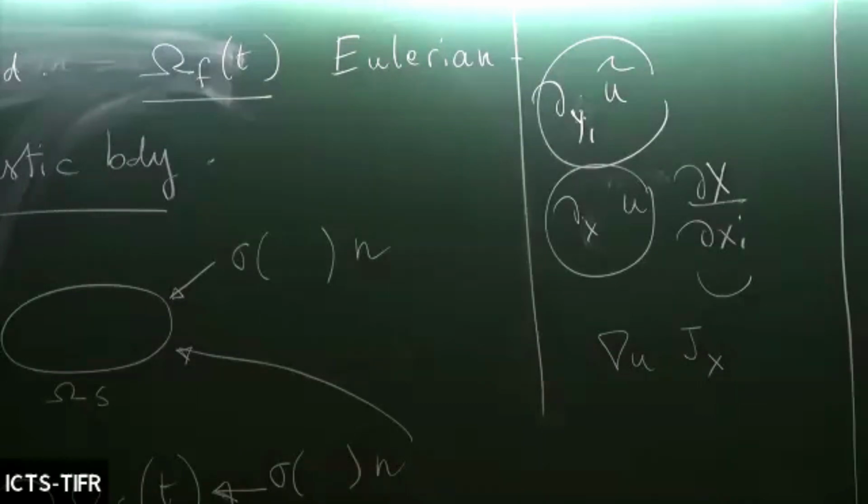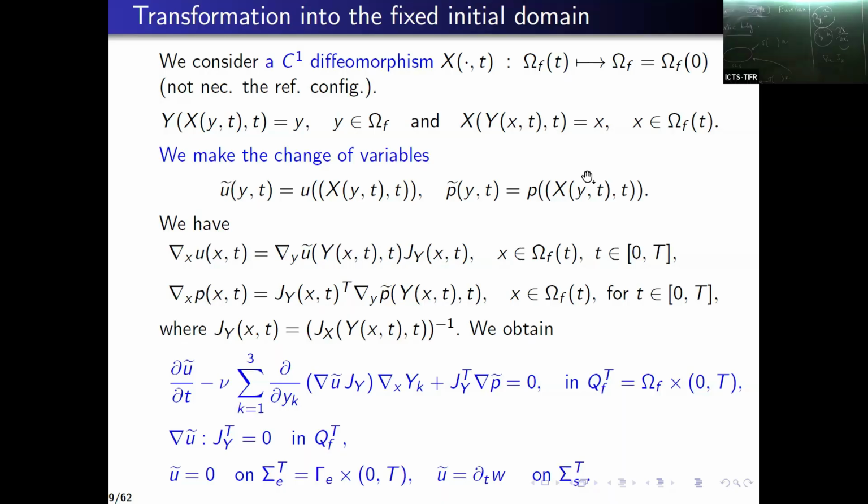So now I write the derivative in the line. This is a matrix. When I do this for a scalar, I have to take the transpose of the Jacobian here. So these are the transformations.